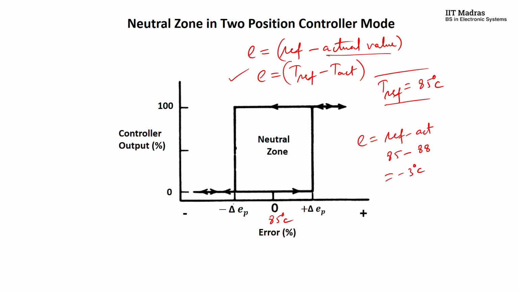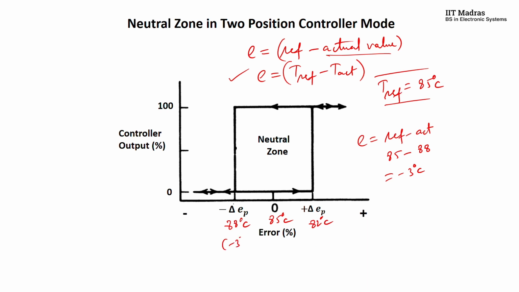So let's say I keep this to be 88 degrees Celsius here, and on the right hand side let me keep this as 82 degrees. Plus delta E, I have added plus 3 degrees, and this is minus 3 degrees.